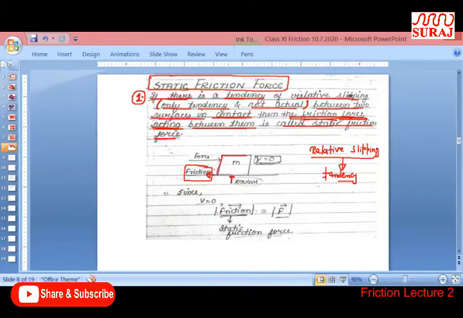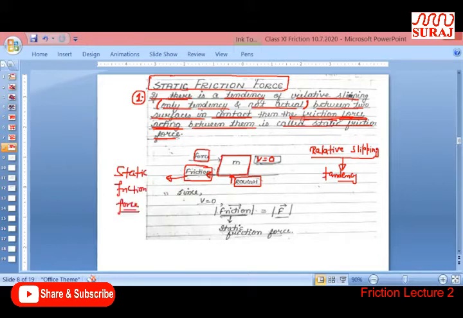Again, the same diagram here taken. A mass is placed on a rough surface, a force is applied here, okay, a force is applied and no motion, means the velocity is zero, then this friction force existing between the surface is called static friction force.